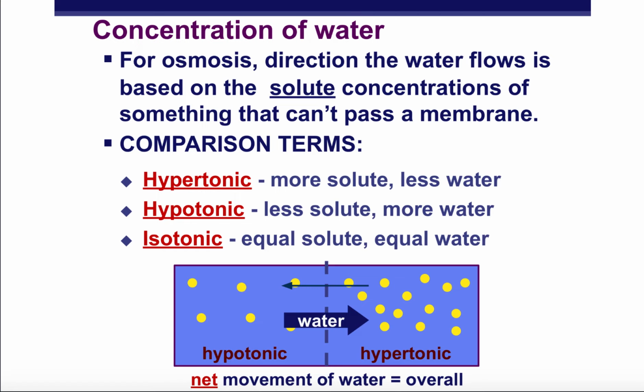So, while the net flow of water is to the hypertonic side, there's still a little bit of water going towards the less salty side, the less concentrated side. But overall, we're getting a net flow towards the right. Sort of like a company can be profitable even if they lose some money, as long as they gain more money overall.